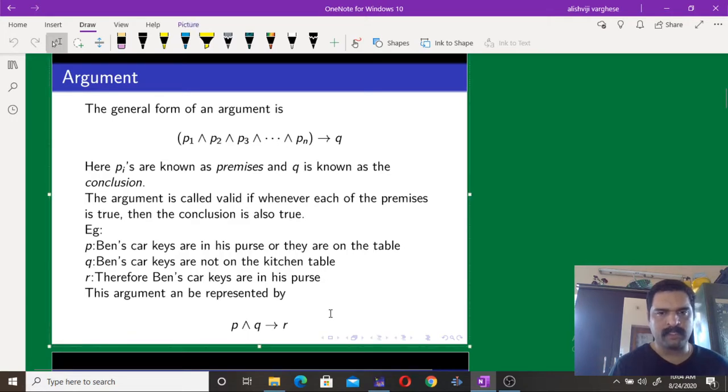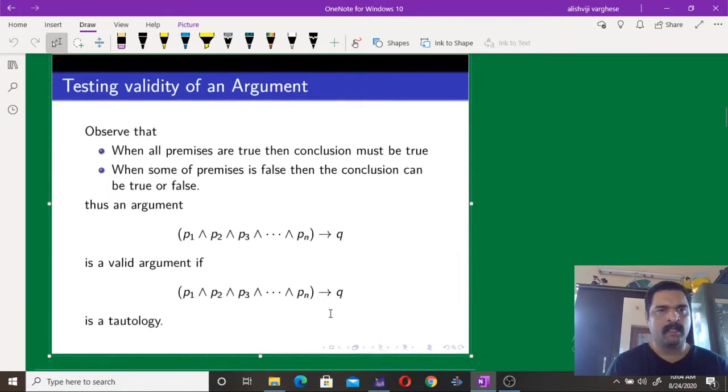What we check is the nature of P and Q, the premises. We have to examine the cases when the premises are true, and whenever the premises are all true, the conclusion is also true. That is the testing of validity of an argument.